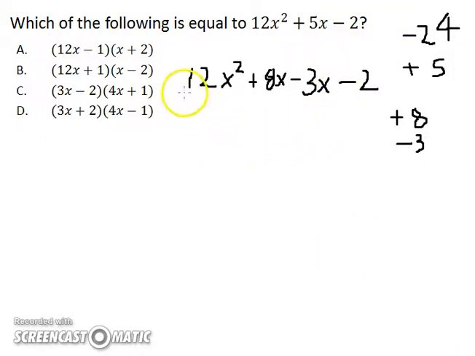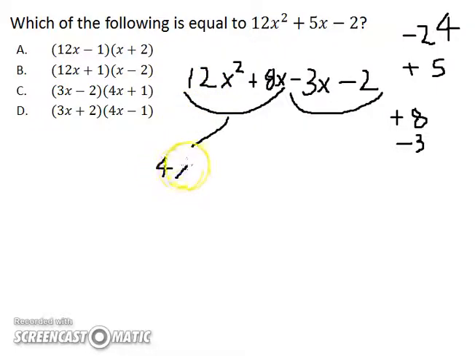Now we group this new equation. We're going to look at this part and this part separately. So over here we're going to factor this first part. We can factor out a 4x from both of those terms, and that leaves us with 3x plus 2.